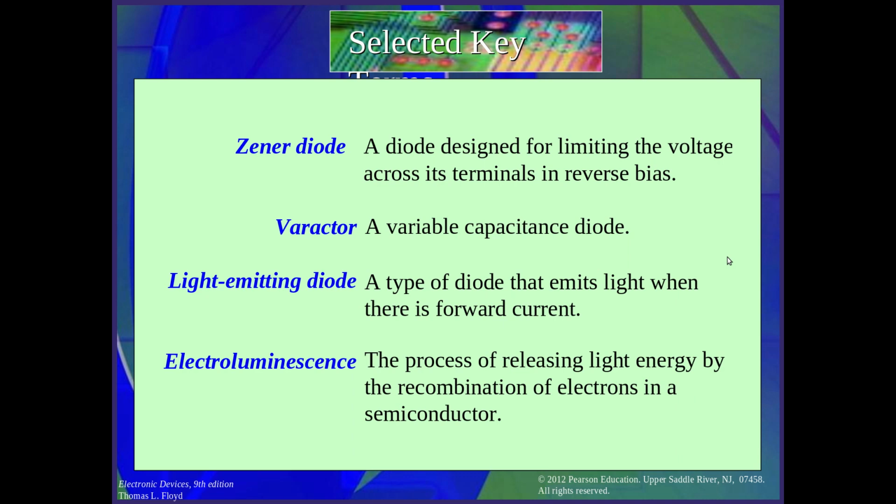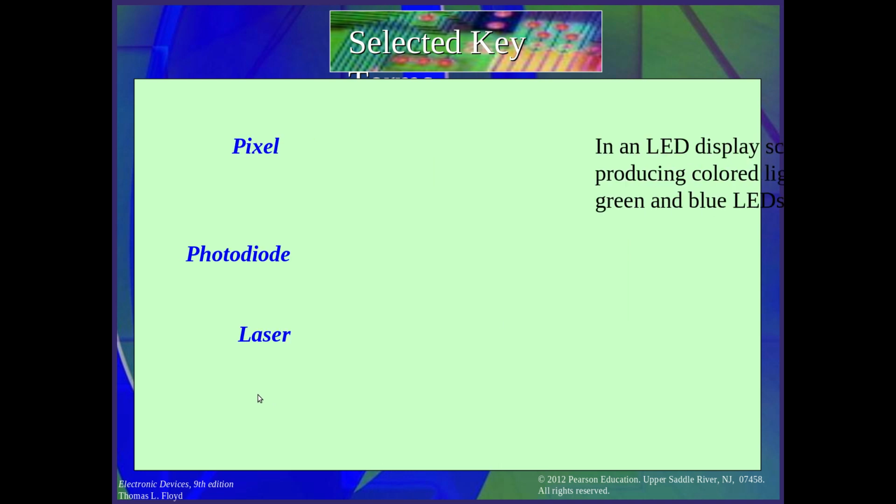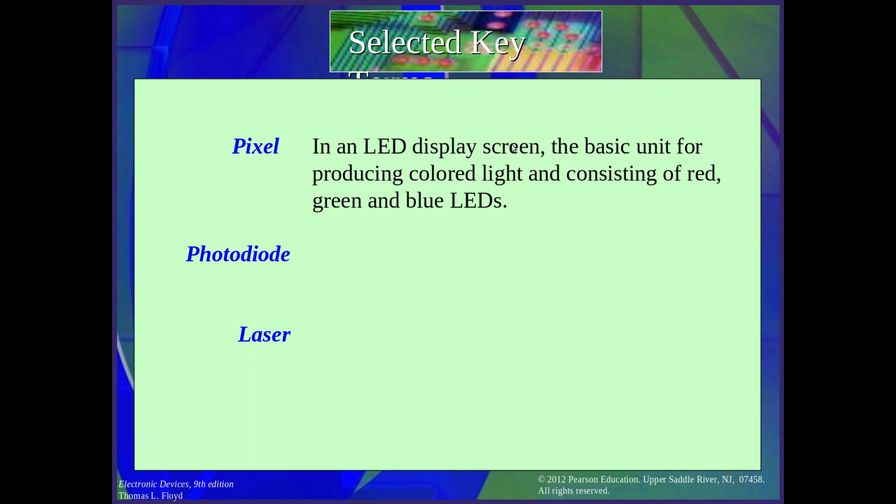Electroluminescence is the process of releasing light energy by recombining electrons in the semiconductor. Maybe this is related to the question that I asked. A pixel in an LED display screen is the basic unit for producing color light, consisting of red, green, and blue.